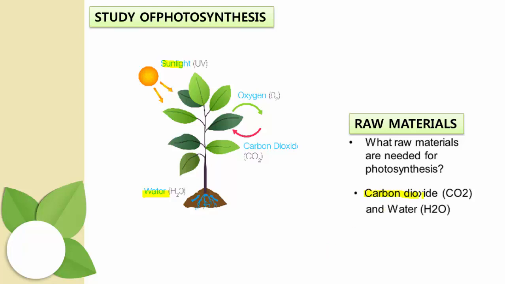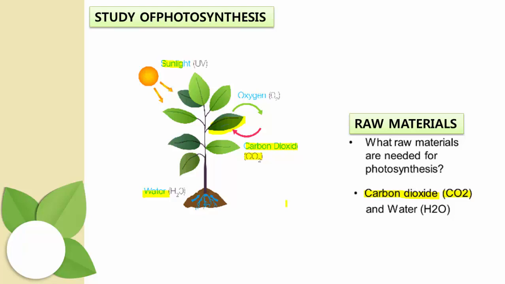One is carbon dioxide, that is CO2. It is present in the atmosphere, and the carbon dioxide enters into the leaf through the stomata. What are stomata? Stomata are minute openings which are present on the epidermis of the leaf.